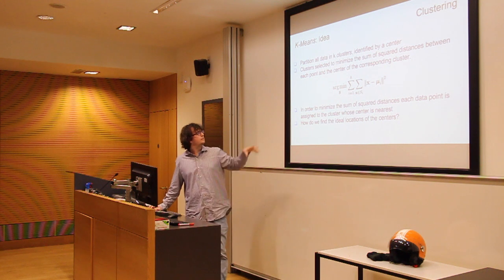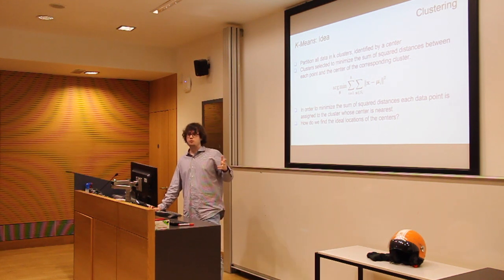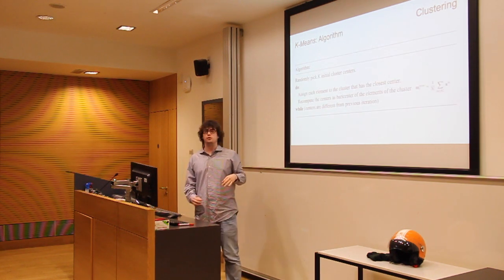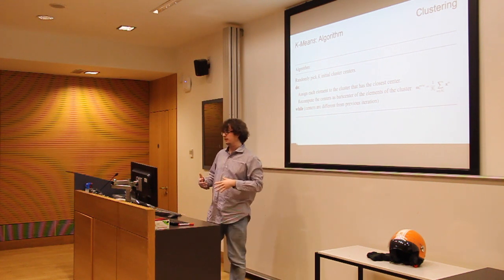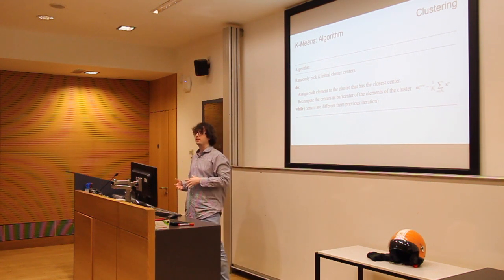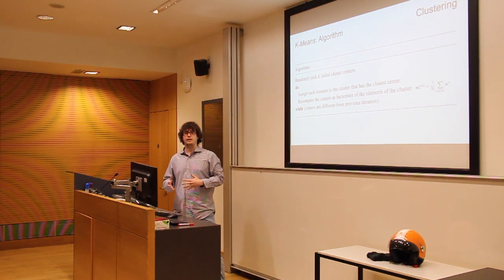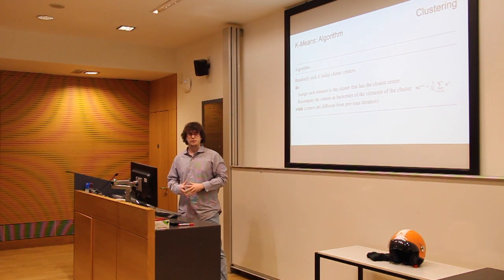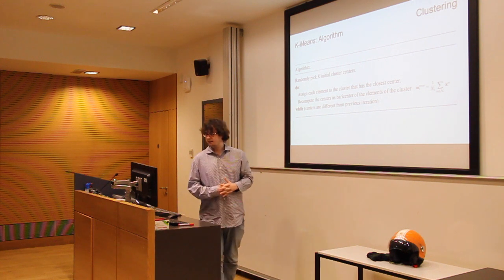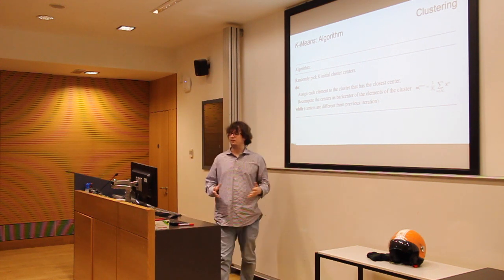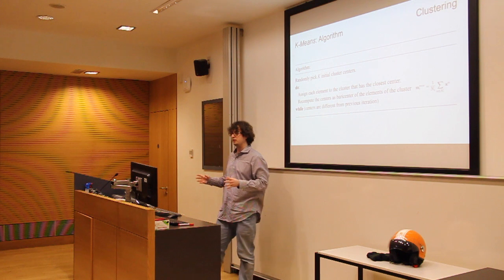This might seem a bit difficult to do, but there is a simple algorithm which does this iteratively, and in the right setting allows you to identify these clusters very fast and very nicely. The algorithm is called k-means, and works in the following way. You randomly pick k centers, so k vectors within your data.